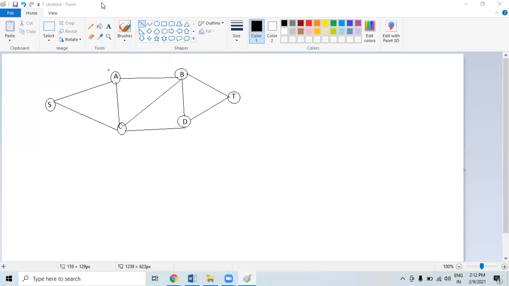We have to apply our algorithm, Kruskal's algorithm. So first we will draw this diagram, then we will use the steps. Okay, so here we have to give the loop also. Okay, let's give the loop.